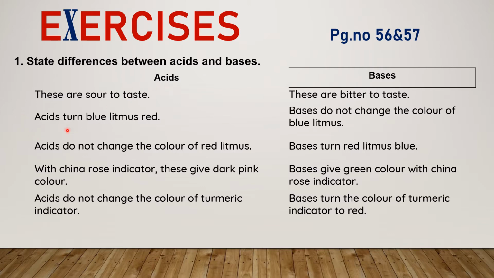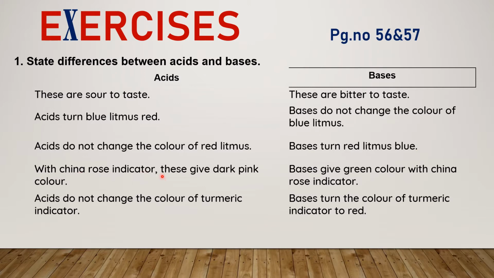Second point: acids turn blue litmus red, and bases do not change the color of blue litmus. Acids do not change the color of red litmus, but bases turn red litmus blue.